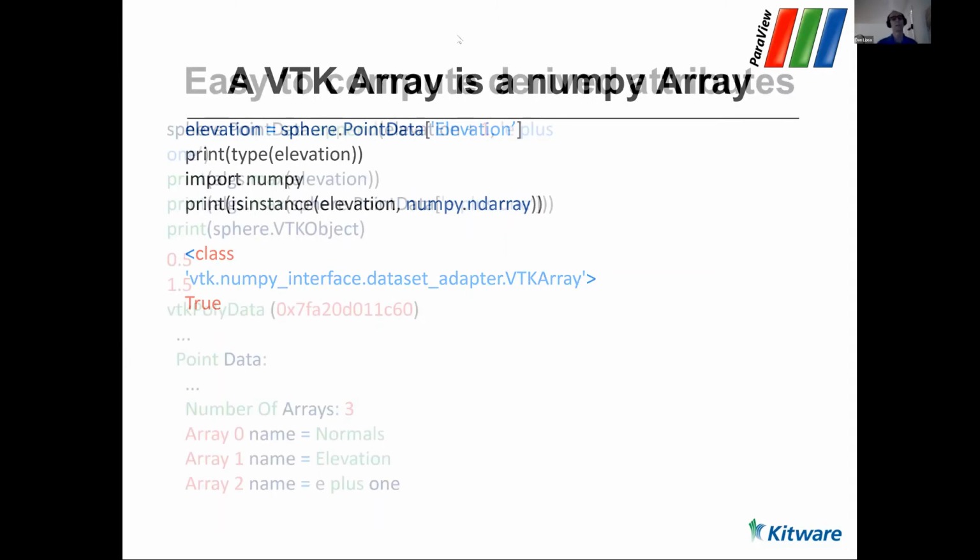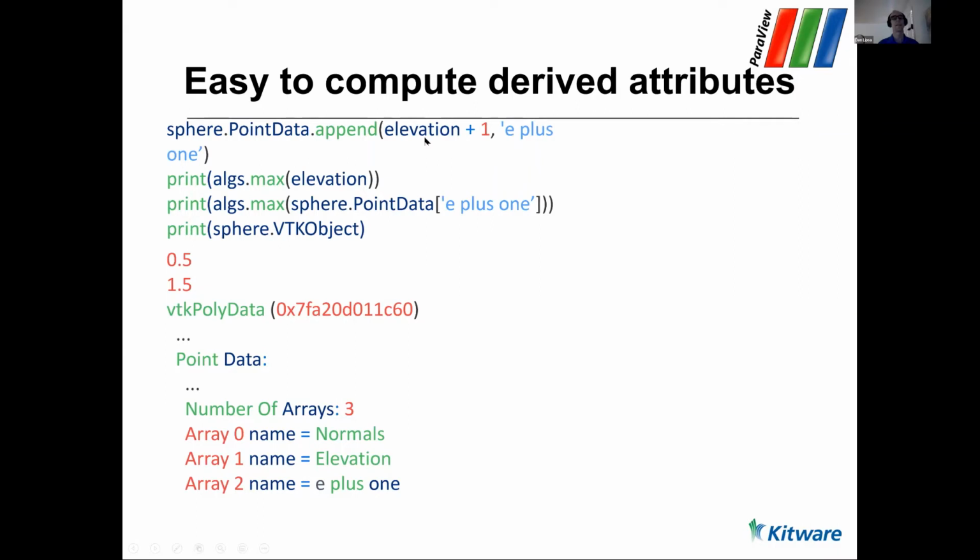Few more examples that show you exactly that. What we do here is we create a new array by using this NumPy syntax, elevation + 1. This creates a new NumPy array, and we append this to the Sphere dataset. So we use the NumPy interface and this simplified interface to create another VTK array.